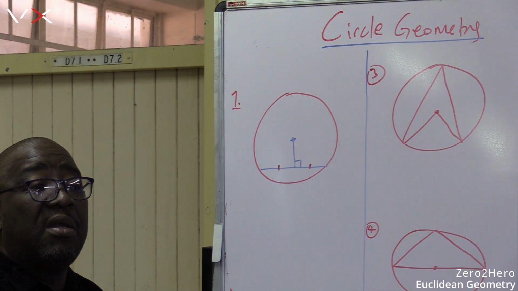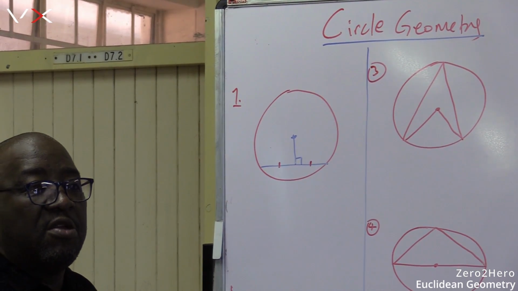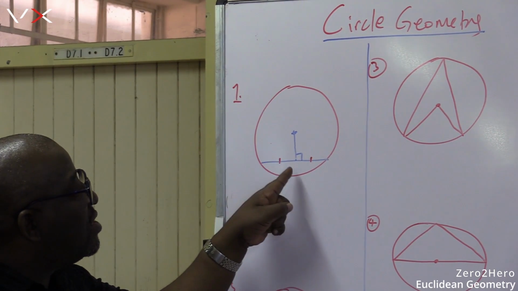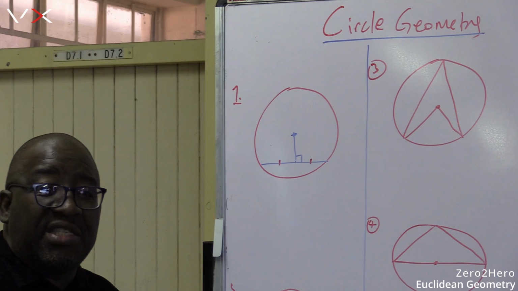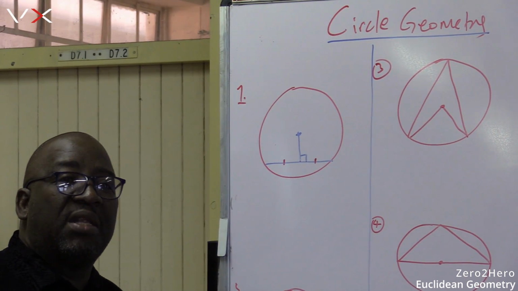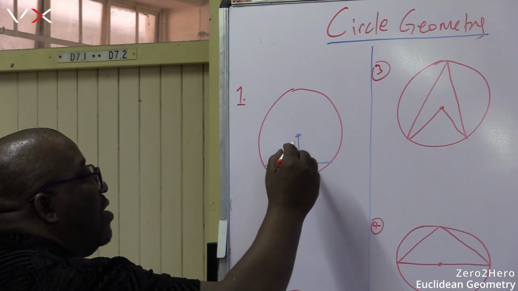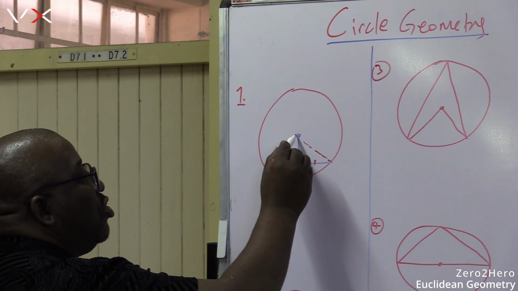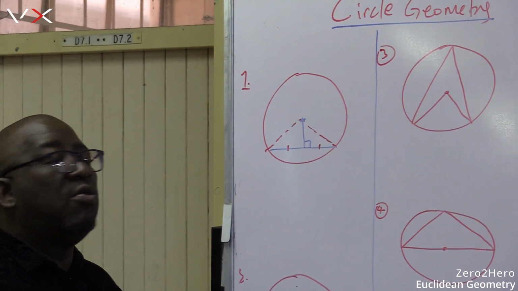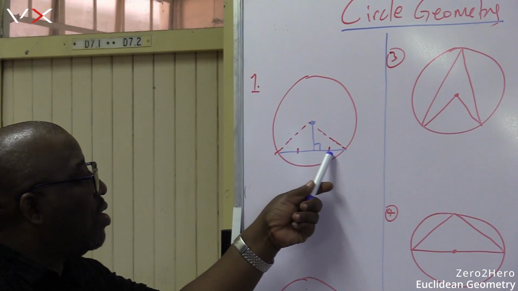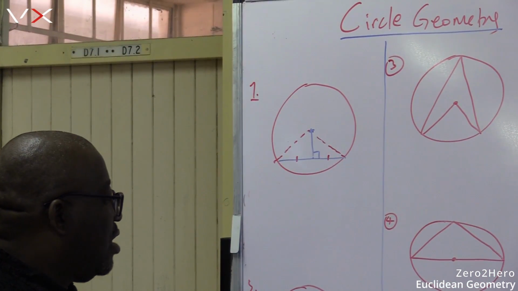In the examination, you might be required to prove that, to prove that this side is the same as this side. How would we go about doing that? We are going to employ congruency, the concept you will learn in grade 8, grade 9, where you will have the 2 triangles. You join these 2, you compare the congruence between these 2 triangles, then you will be able to show that this one is equal to this one. We'll do the proofs together later on.